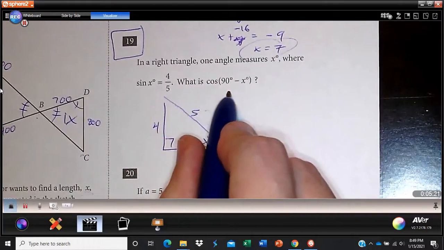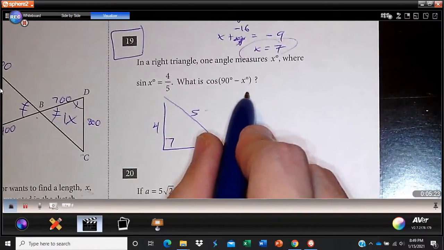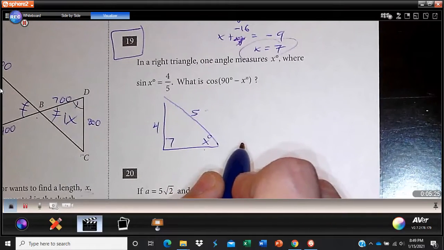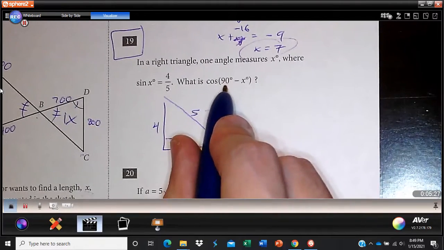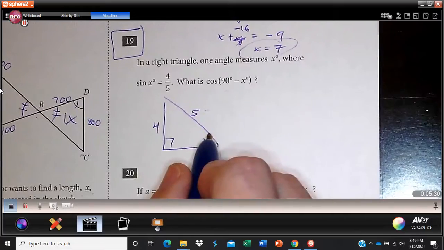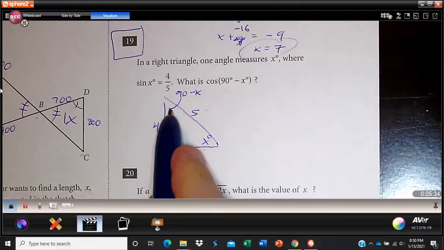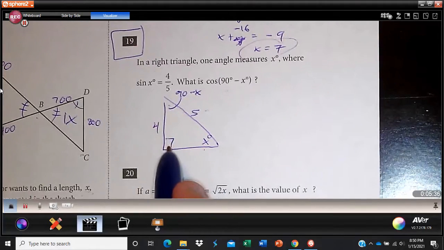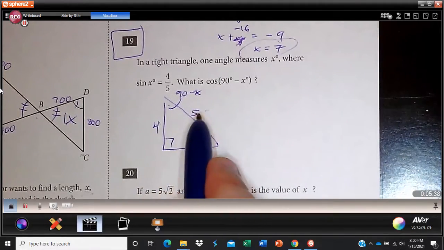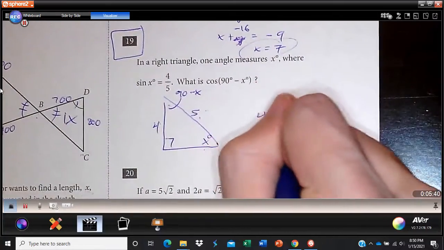What is cosine of this? Okay, so where is that angle going to lie? This is 90 minus, that's this thing. So that's 90 minus x. So cos of 90 minus x, okay, so that's 4/5.